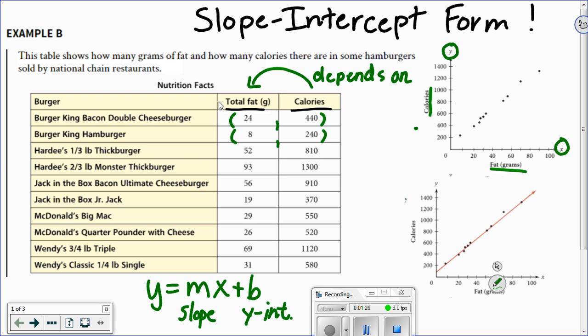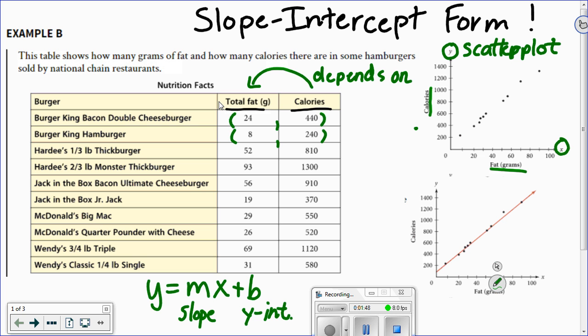Now recall from the past that this isn't a linear graph, this is a scatter plot. A scatter plot is just a set of ordered pairs as points on a graph.